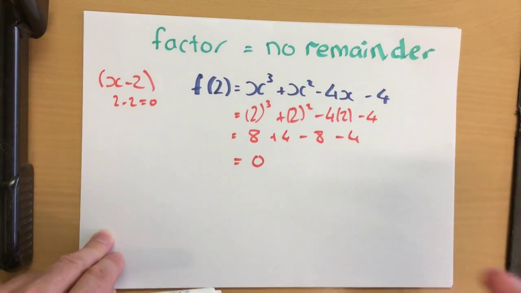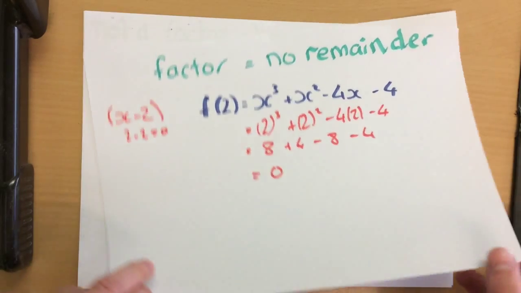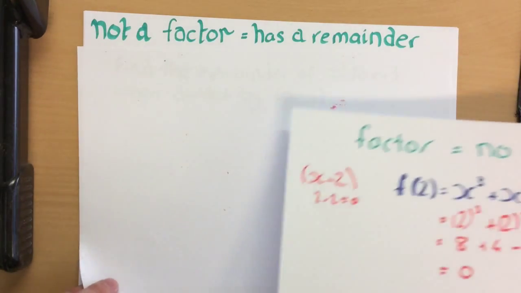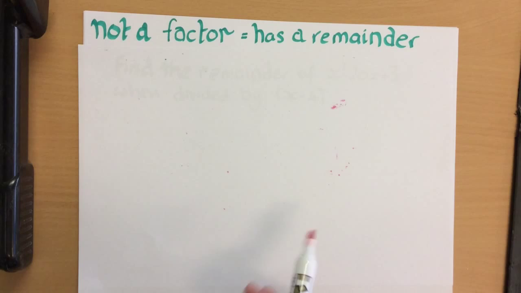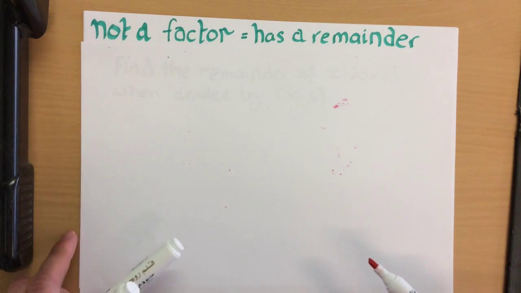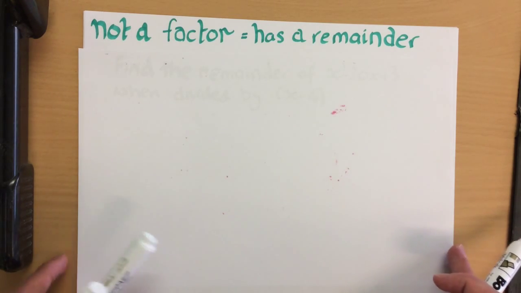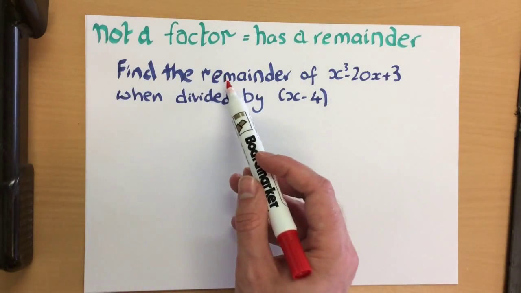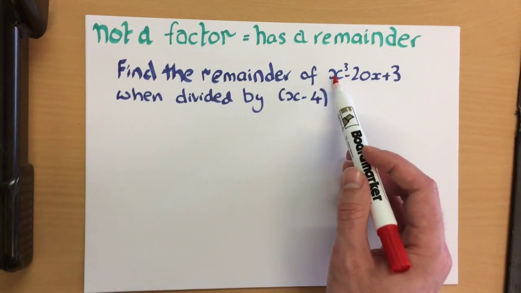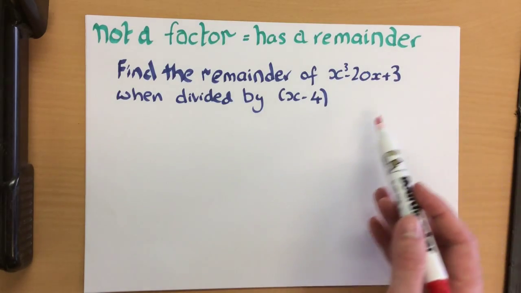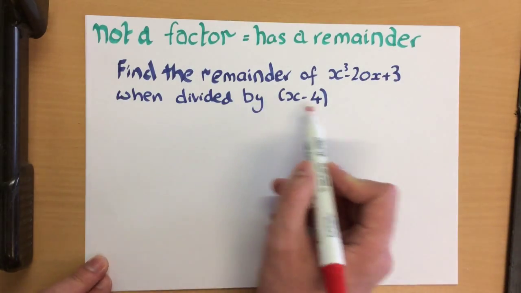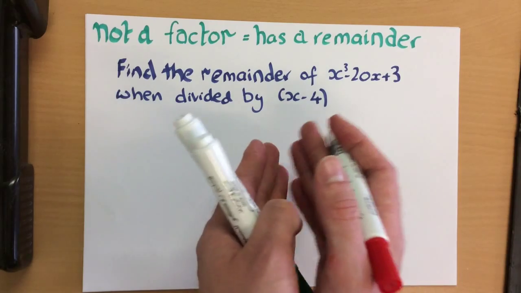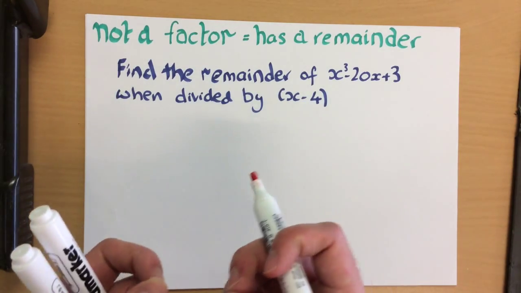Now, for the remainder theorem, we're saying that if it's not a factor, there will be a remainder. For example, if we're told, find the remainder of x cubed minus 20x plus 3 when divided by this, now bear in mind this is not going to be a factor, so there will be a remainder.